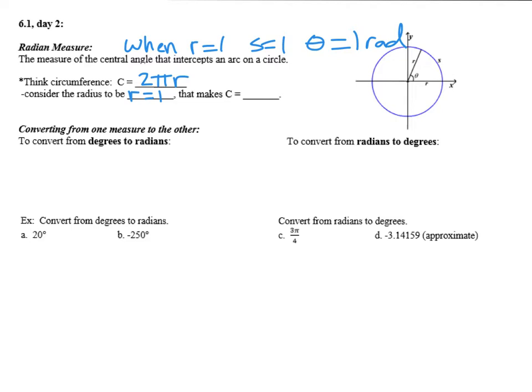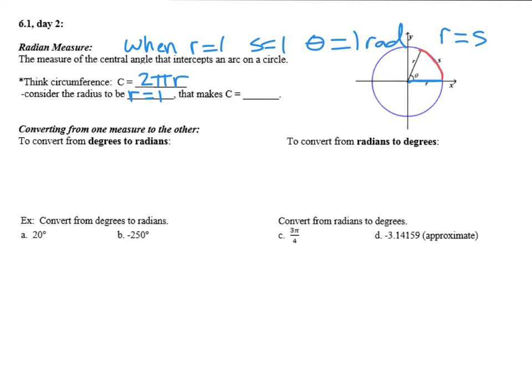Now, they don't have to both be 1. I'm going to use that down here to talk about how many radians there are in a circle. But really, if you have 1 radian, you're talking about this scenario where your radius, the radius of the circle, and s is the arc that is formed by the angle.